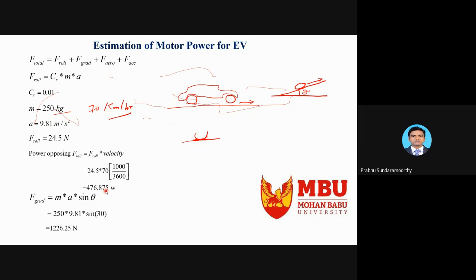So when we come back to the gradient, here we have theta, and I already mentioned theta. This is the angle at which the vehicle is trying to move in a slope manner. If your vehicle is moving in this case, it is said to be a forward gradient. If your vehicle is moving in a downward direction, it is said to be a negative gradient.